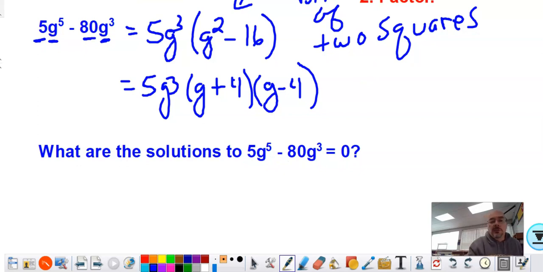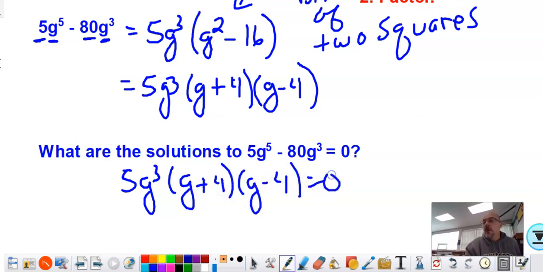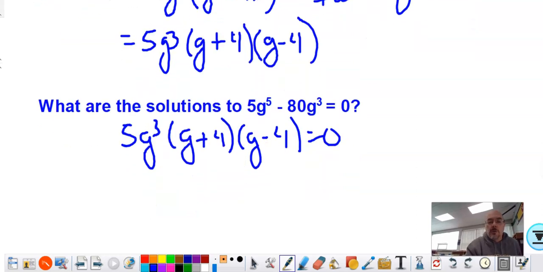So what would be the solutions? All right, so let me write 5g cubed times g plus 4 times g minus 4 equals 0, my apologies for writing x instead of g. Now, just to go fairly quickly here, folks, this one is going to be g equals 0, because if you put a 0 in, 5 times 0 is 0.